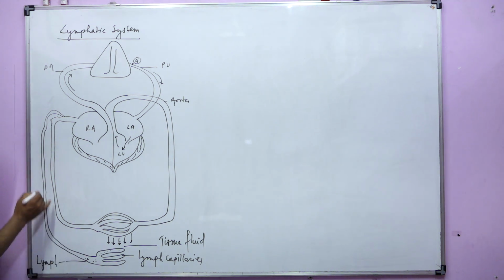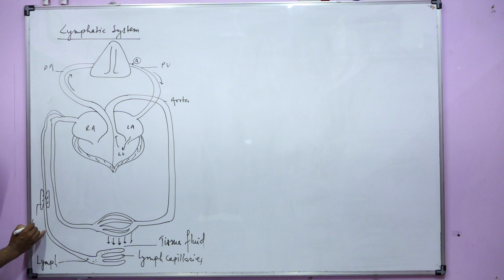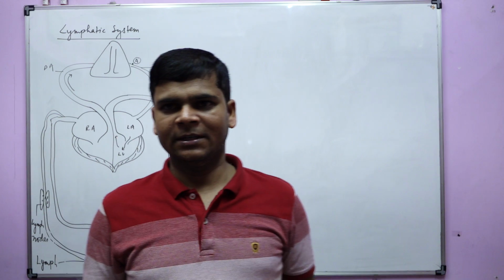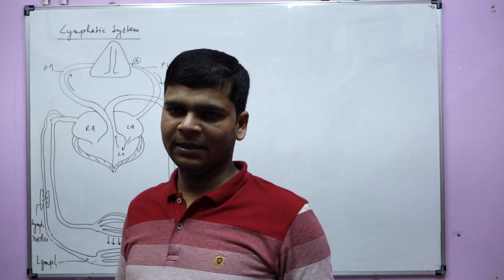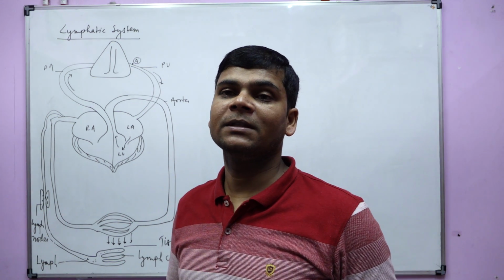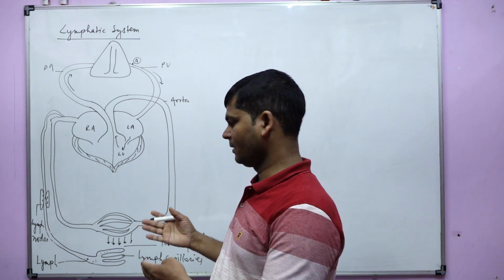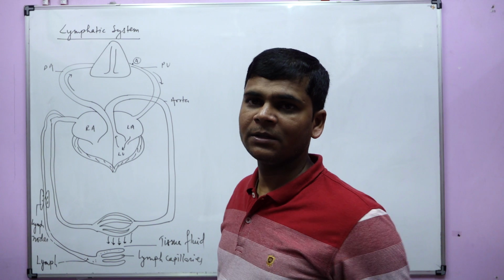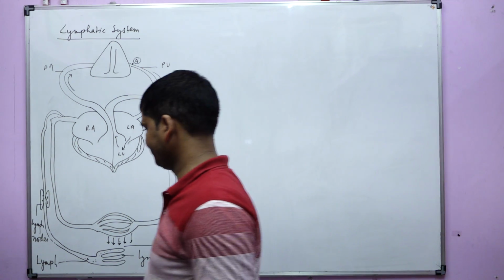Now this lymph flows, and at certain intervals you may find some lymph nodes. Lymph nodes contain lymphocytes, a kind of agranulocyte white blood cells, and these are involved basically in the defense mechanism of our body. They produce antibodies and fight against diseases.